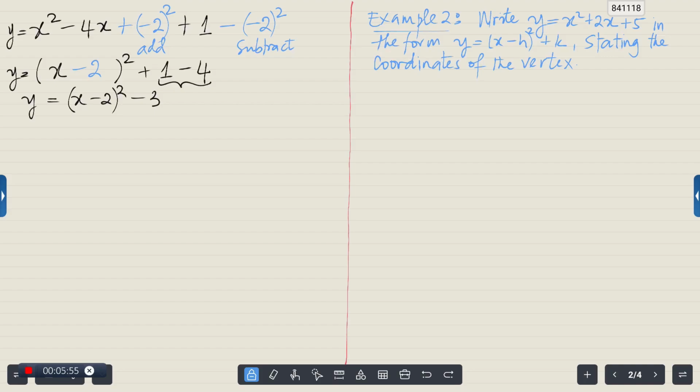So we have rewritten our equation in the vertex form using the completing the square method. Now we need to state the coordinates of the vertex. So the coordinates of the vertex would be, notice here we have negative 2, so we put the opposite sign, 2, and we maintain the sign of k, which is negative 3.